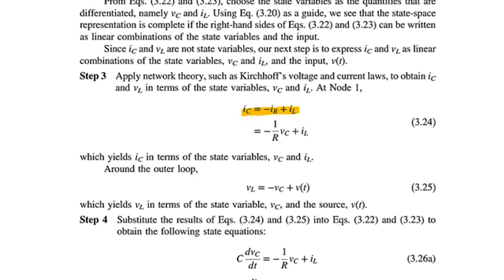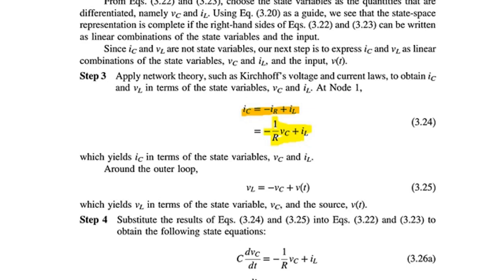And from this, current through the capacitor will be equal to minus current of resistor plus current through the inductor, where current through the resistor is equal to voltage across the resistor divided by the resistance. As resistor and capacitor are in parallel, the voltage across the capacitor is equal to the voltage across the resistor.